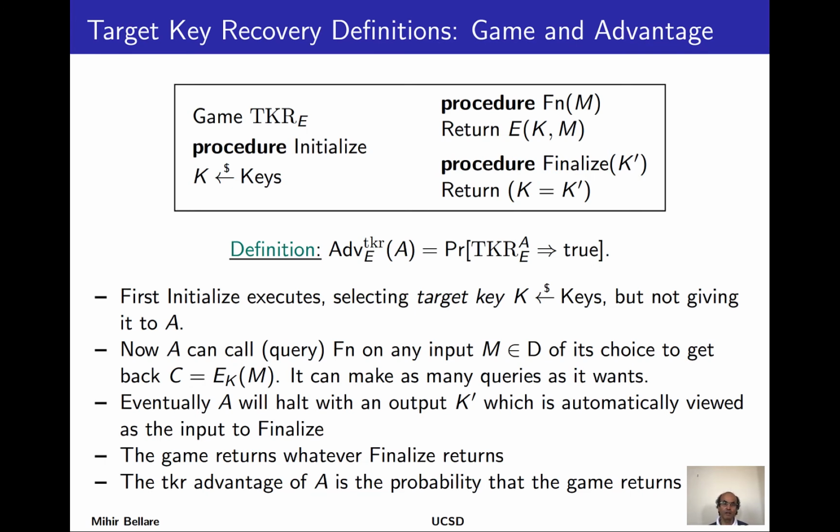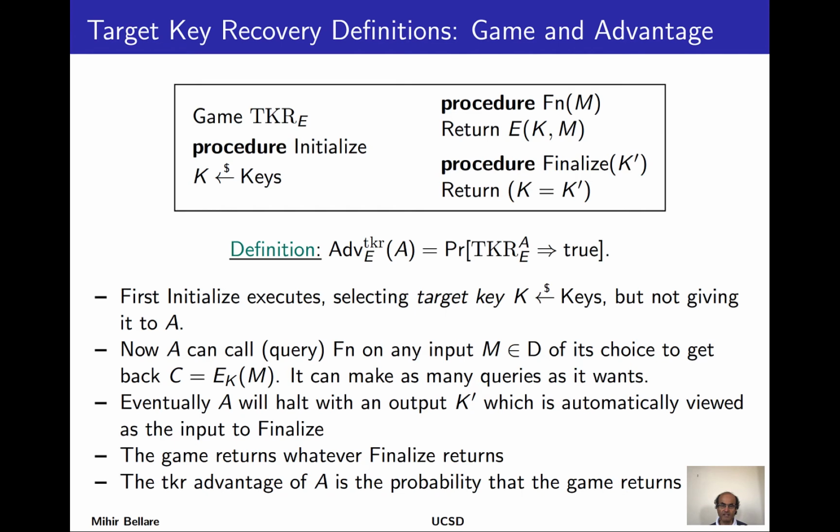We have something called a game. The game has a name, TKR, which stands for Target Key Recovery. The subscript is a block cipher, or actually more generally, a family of functions. Remember that we have fixed this family of functions and it's public and known to anyone, and it parameterizes the game. That means the game is measuring security of that particular family of functions.